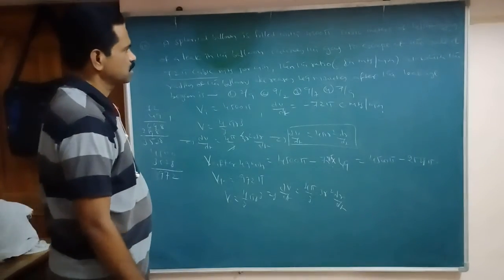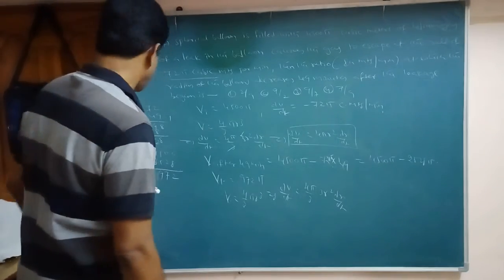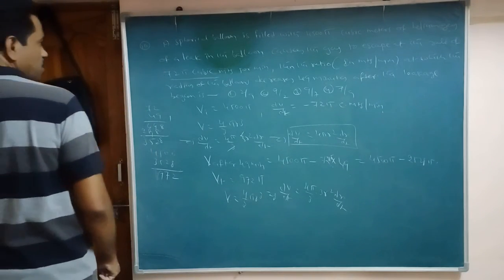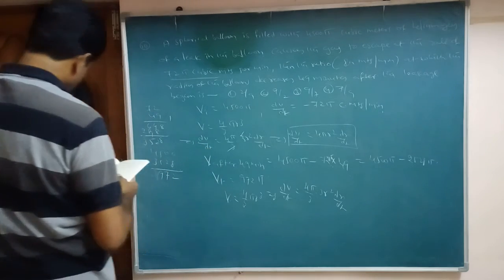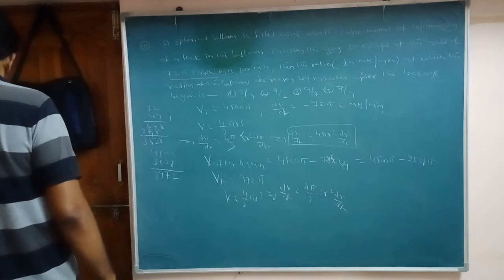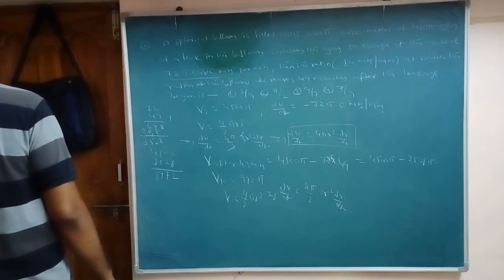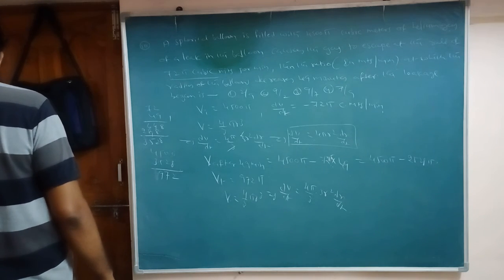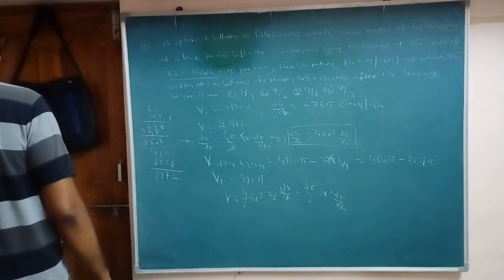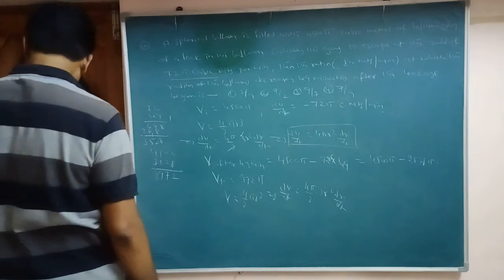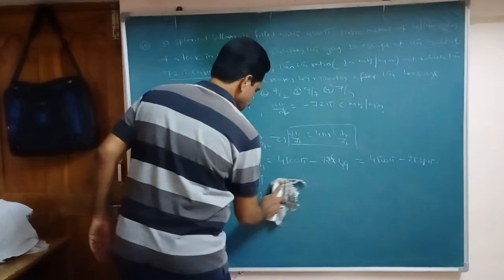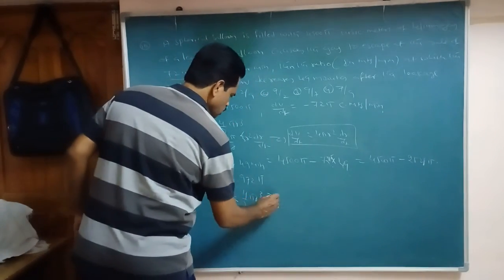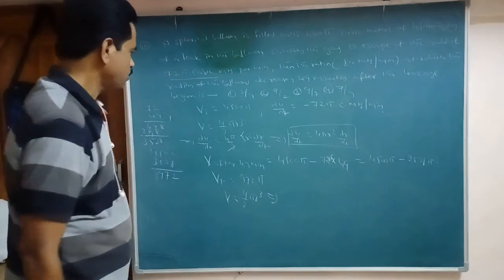So what is V here? V equal to 4 by 3 pi r cube.